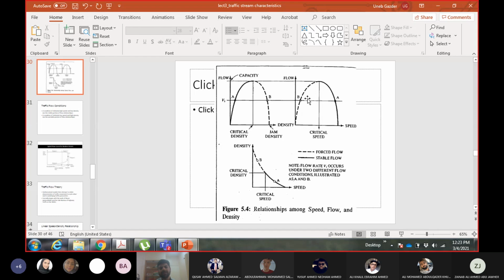Now, if I want the capacity, capacity means maximum flow. So when I reach maximum flow on any of these curves, what is the slope of the curve? When you reach the maximum point of the curve, what is the slope of the curve at that point? We discussed it in the previous chapter as well, with vertical curves.